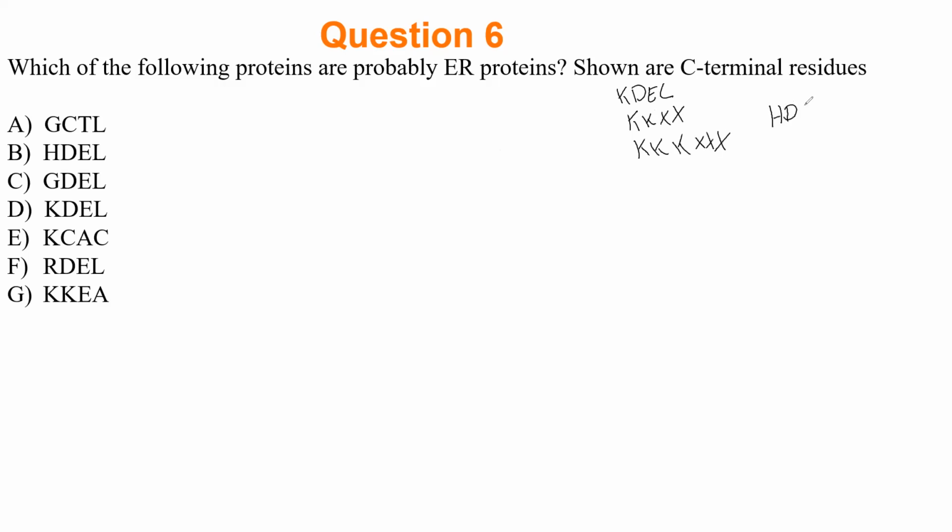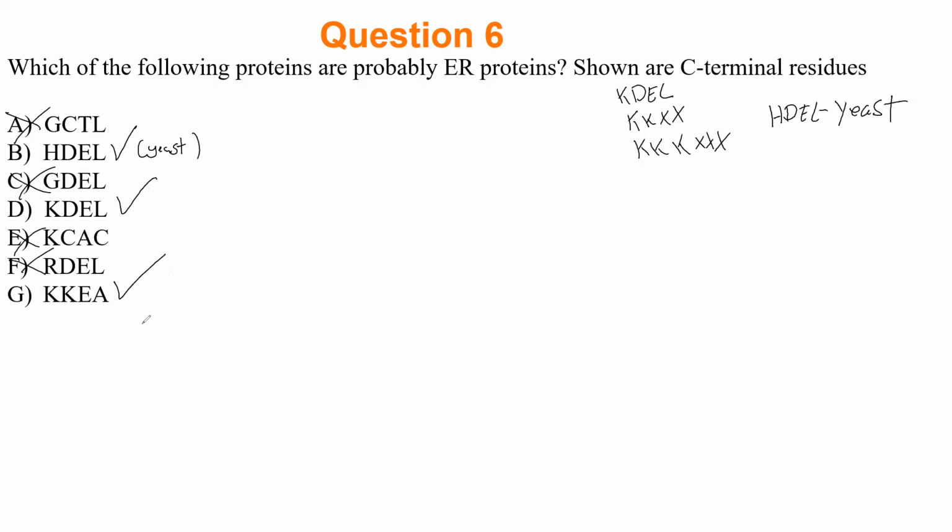And if you're a yeast, you also have HDEL. So A is not any of those. B is yes. Yeast. GDEL is not that. KDEL is. KCAC is not that. RDEL isn't that either. KKEA is. So B, D, and G is what we were looking for there.